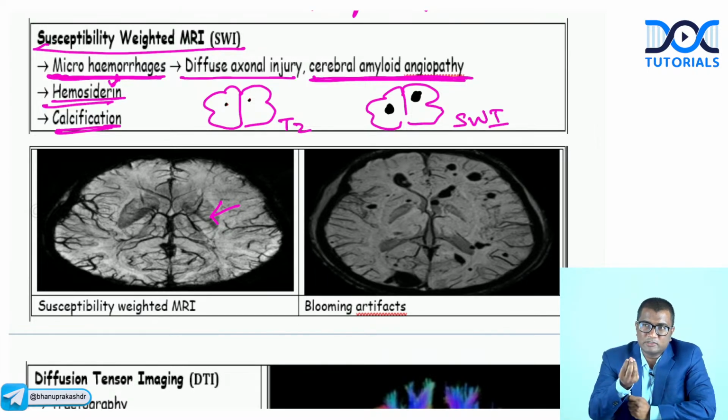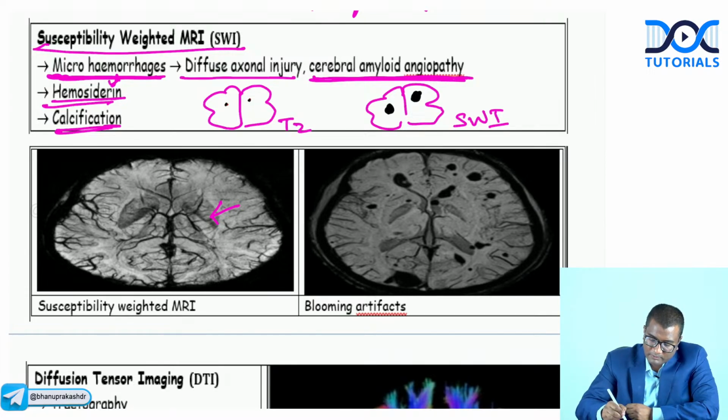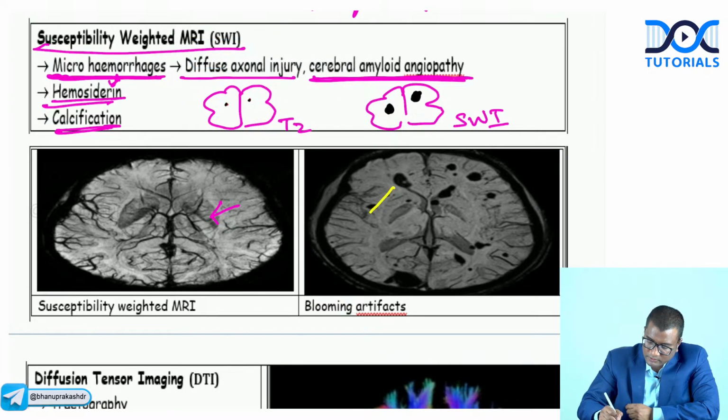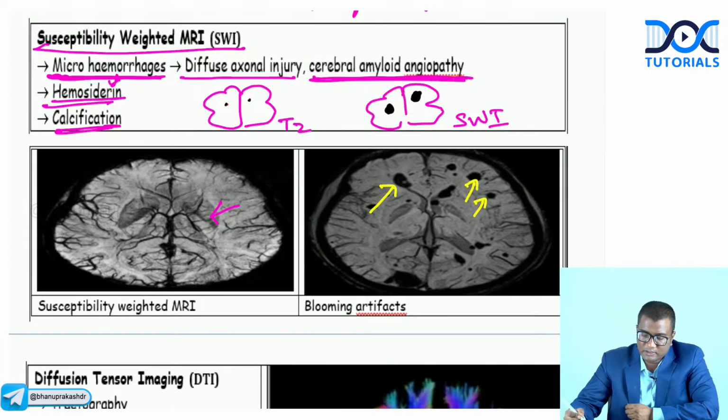You understand the English meaning, right? So that is what is called blooming artifact. You can see here, these are the blooming artifacts that you see in susceptibility weighted imaging.